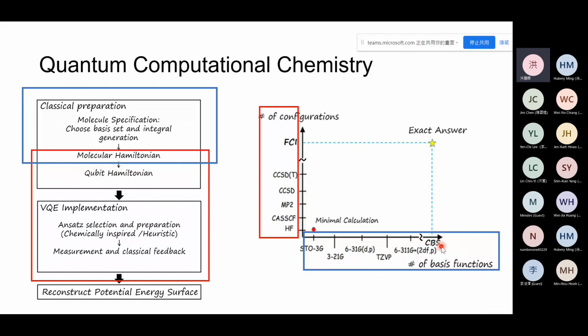For DFT, when they design a DFT method, they always choose something like a large Pople basis. Maybe for hydrogen you need 20 or 30 orbitals to describe just one hydrogen, so for a large molecule you need more basis functions to describe it.